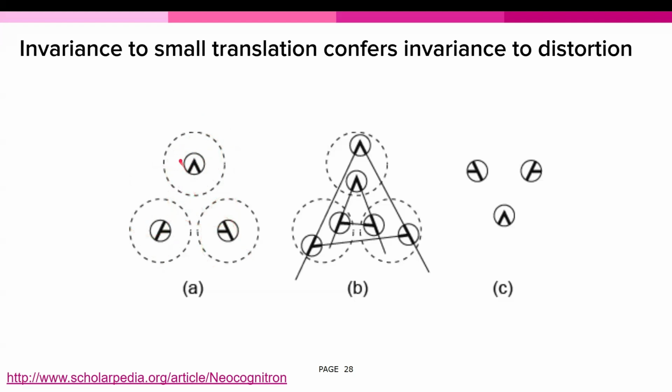This means that if the local feature were to slightly shift within these zones, then the output at that level would still recognize them as the same feature.